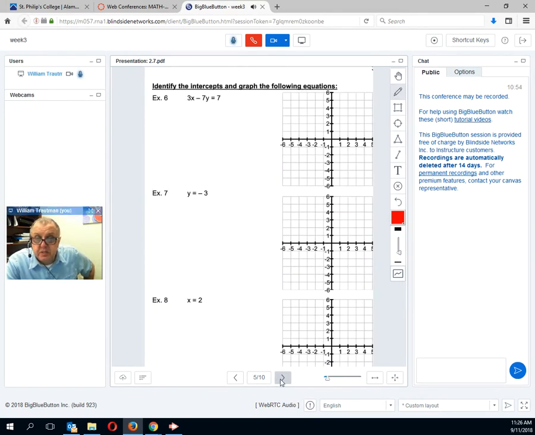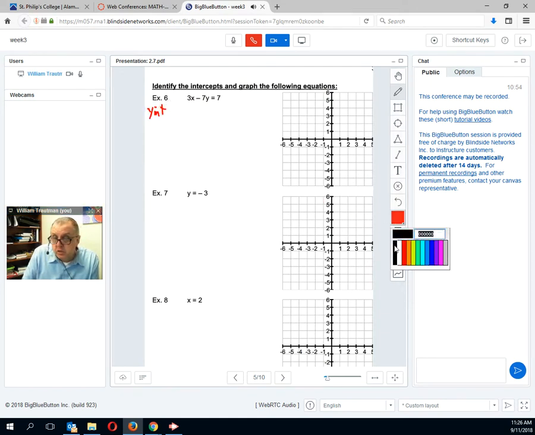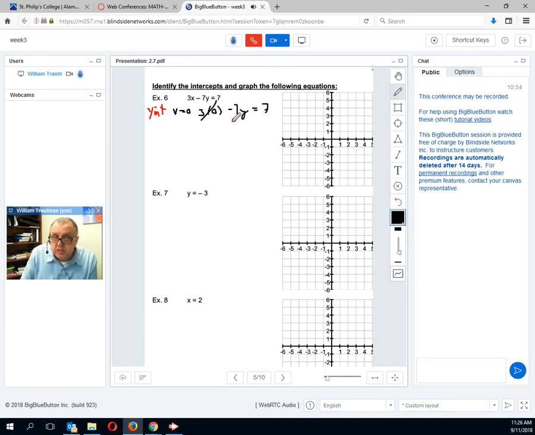Identify the intercepts and graph. Let's try this number 6. So we're going to do y-intercept first. For the y-intercept, make x equal to 0. So 3 times 0 minus 7y equals 7. 3 times 0 is 0. So I have negative 7y equals 7.